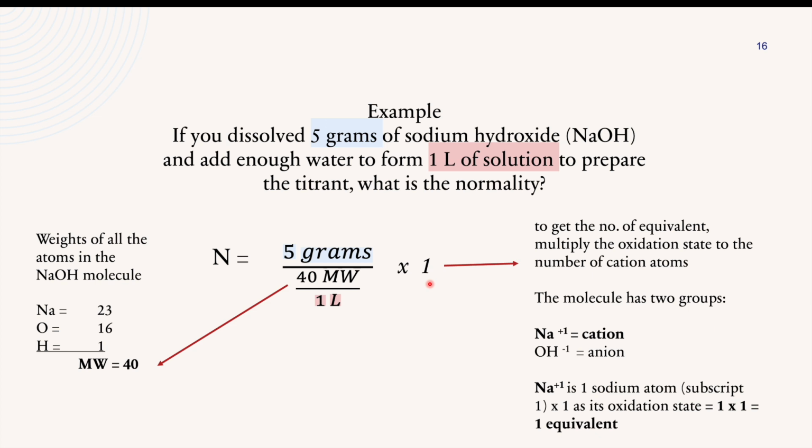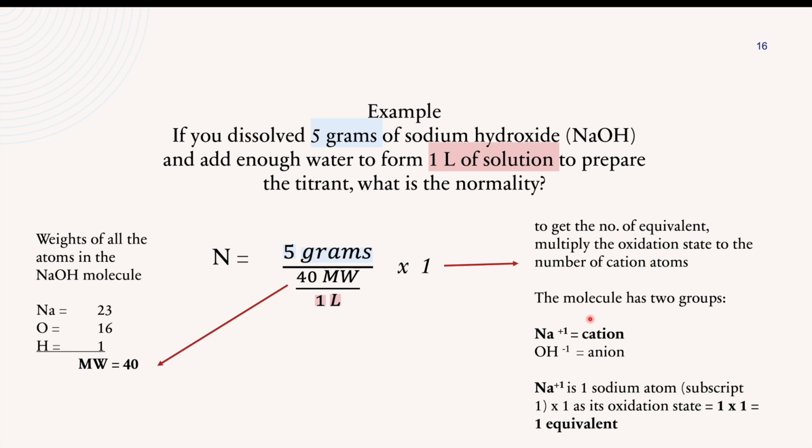But what if it doesn't have that? What if it's a salt, right? If it's neither an acid nor a base, will you panic? Of course not. One way for you to solve it is to count the number of the cation, that's the positively charged part of your molecule, and multiply that number by its oxidation state.